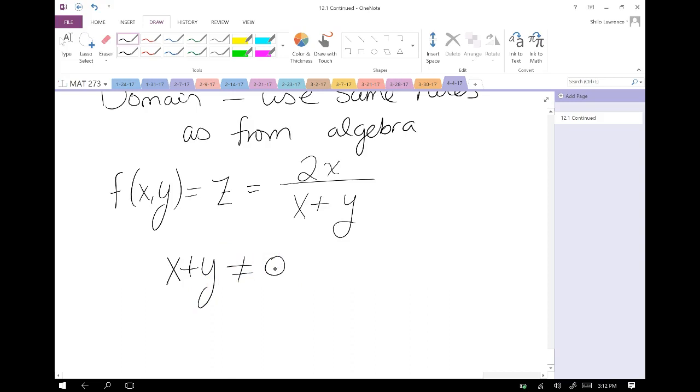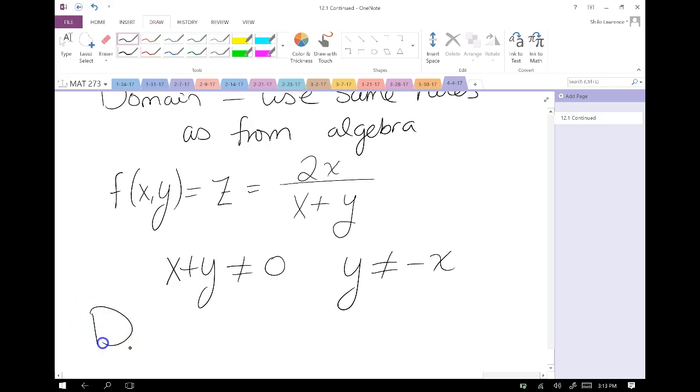So we're not actually solving for numbers we are and are not allowed to use. What we're solving for is a relationship between our independent variables. So what we're really solving for here is what y is or is not allowed to be, usually in terms of x. So if I solve that for y, y is not allowed to be negative x.